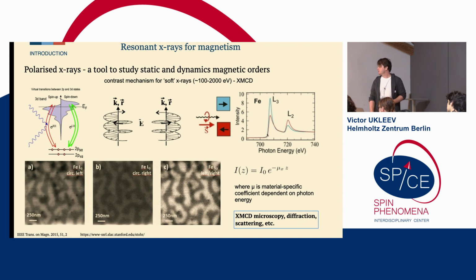For example, if you have a magnetized iron with a moment perpendicular to the polarization plane of the circularly polarized light, you have a difference between left and right circular polarizations.